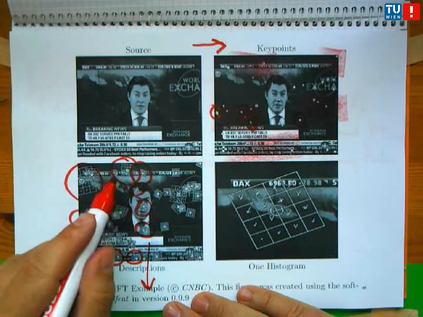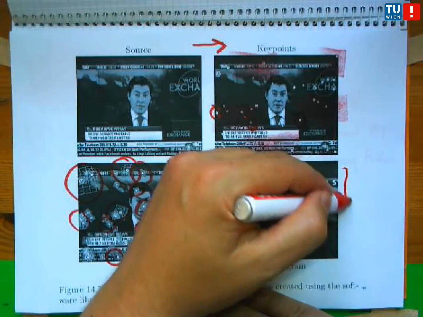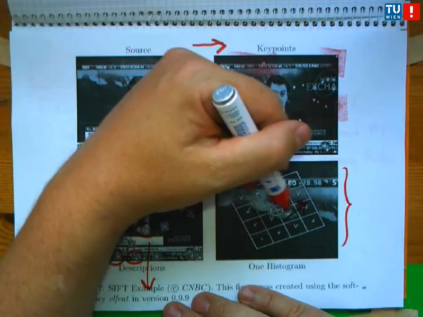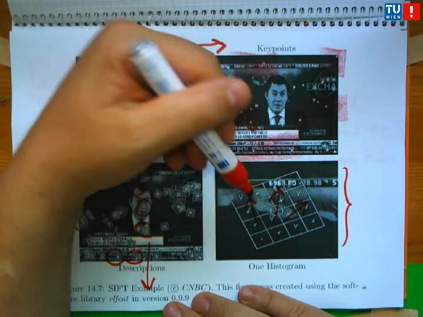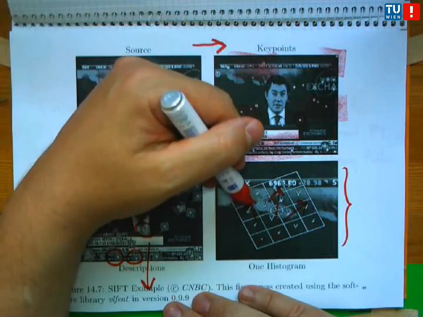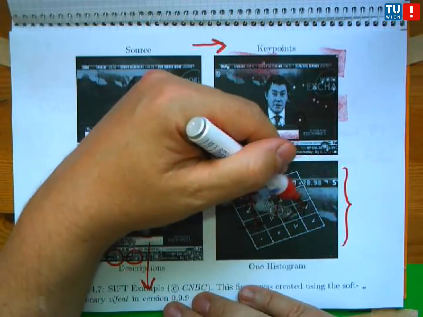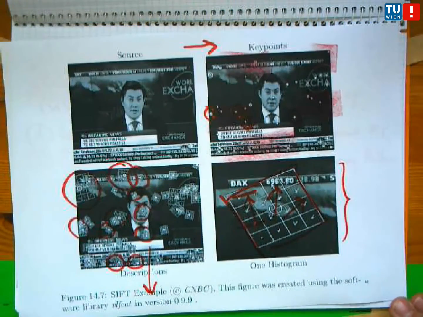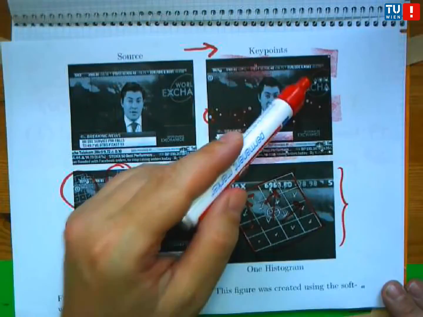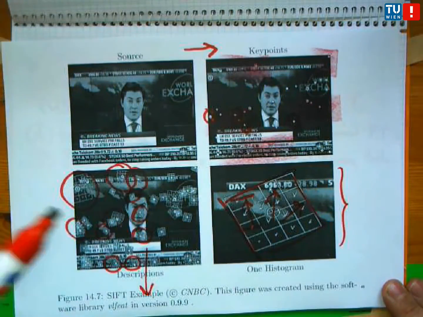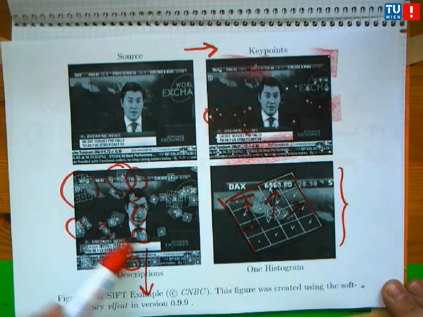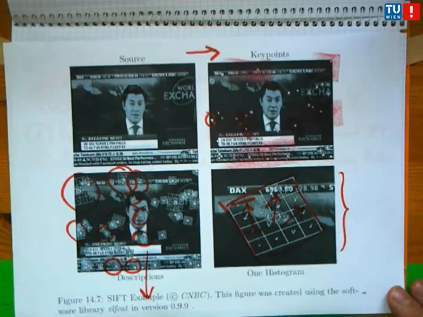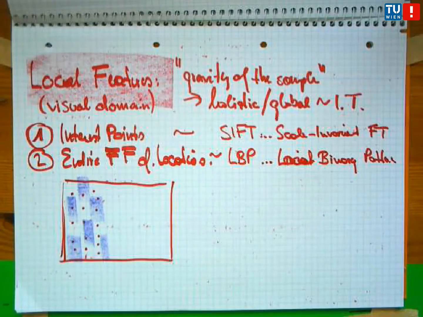Anyway, each of these local descriptions, as can be seen in this image, is a gradient histogram. So for the neighboring points, the direction of the steepest ascent of the luminance plus the magnitude are encoded somehow in the image. So that is the procedure. Source, find some interesting points, describe them by a neighborhood, all together and each individually with a complex histogram. Well, how is this done?